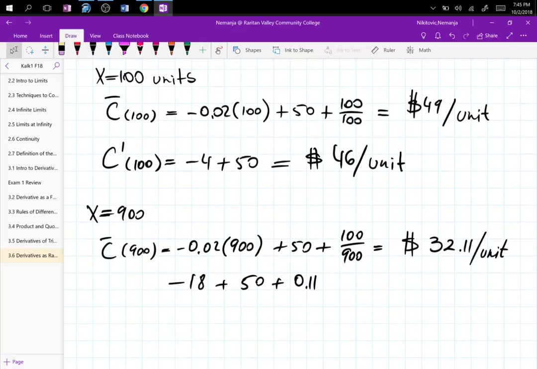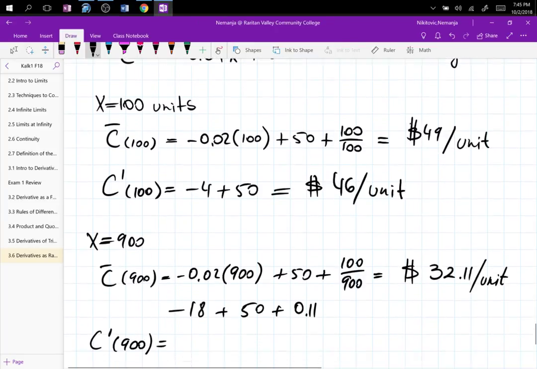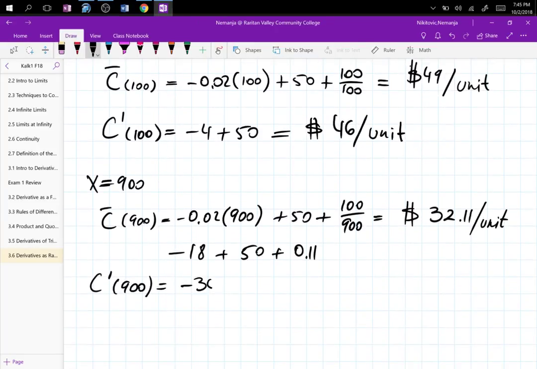And then we calculate our marginal cost to see how much the 900th unit costs, and that's negative 0.04 times 900. That's 36, so negative 36 plus 50 is equal to $14 per unit.